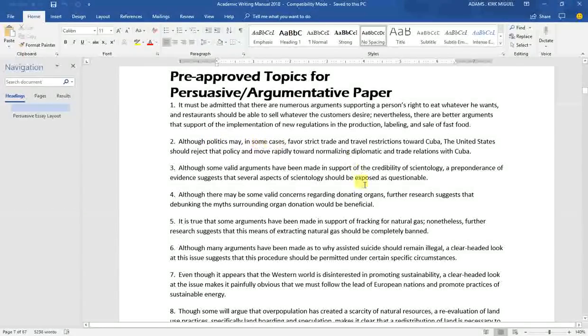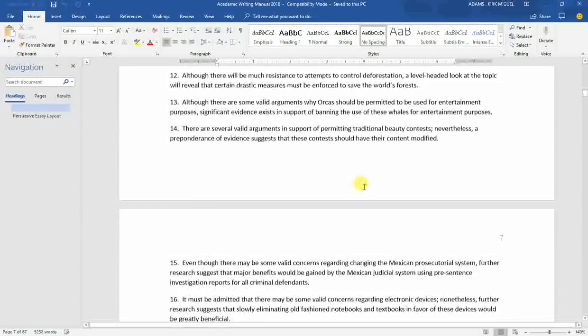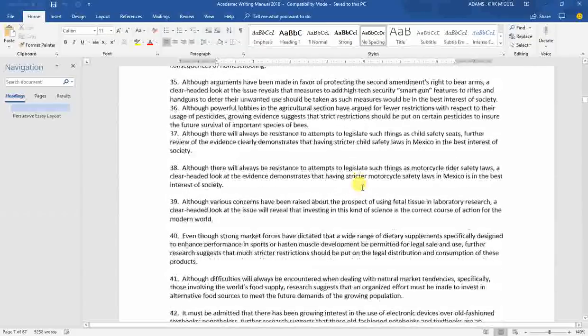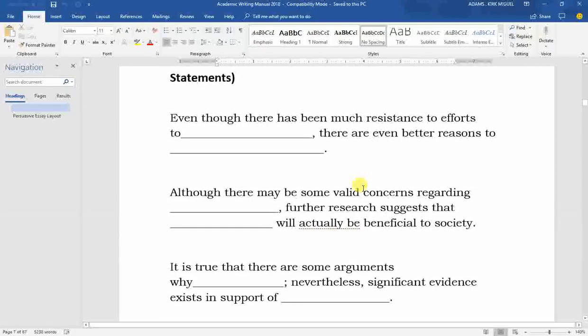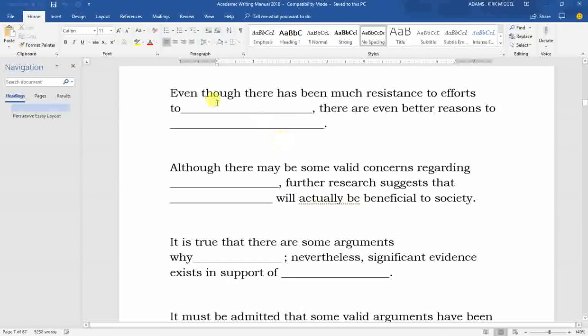Let's go back to those templates, and we're going to see that the punctuation is really important. And this is probably the most important thing when we are checking these two different styles of thesis statements. Whenever you have even though, or although at the beginning, you express one side, and then you only have a comma in the middle, and then you express the author's real argument.